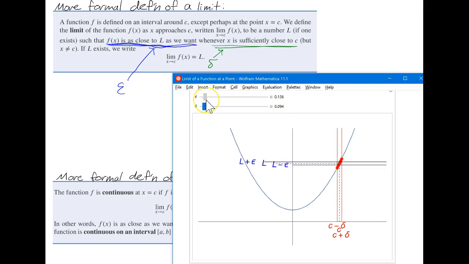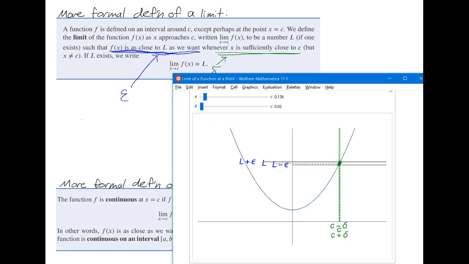If epsilon is like 0.1, then this delta interval is a little bit too big. It's not guaranteeing that f of x is within that small interval. So here we can make it just small enough, like 0.02. If we get really close with the x values, that guarantees that all of those f of x values are within epsilon units. Because that works, that means that the limit of this function f of x does indeed approach L.